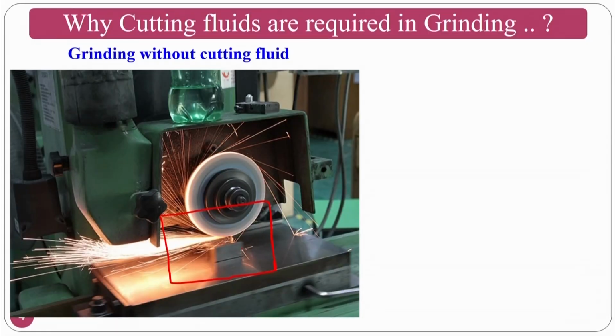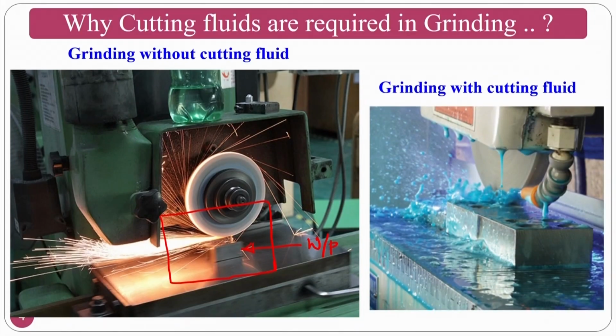For that purpose, in order to protect the workpiece, we should use the cutting fluid, so that the cooling as well as lubrication action will take place and you can enormously reduce the sparking. So, if you see here the difference between this grinding zone and this particular zone, the workpiece will be well protected in this condition.